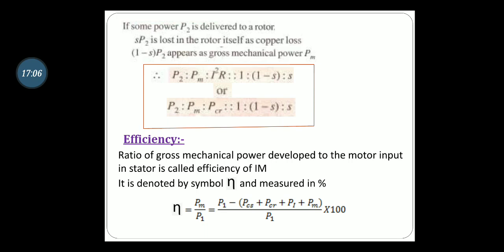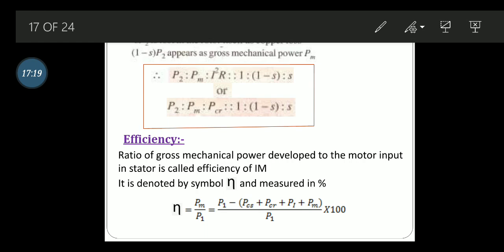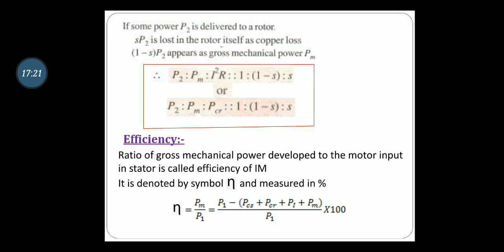Finally, from the flow of power stages in an induction motor, we say that some power P2 is delivered to the rotor. This P2 is the output of the stator, that is, the output of P1, which is delivered to the rotor.